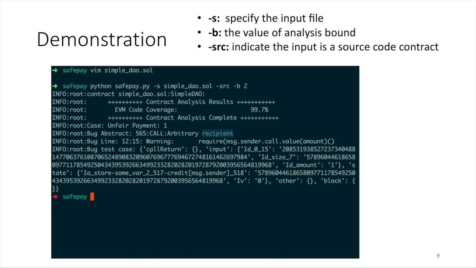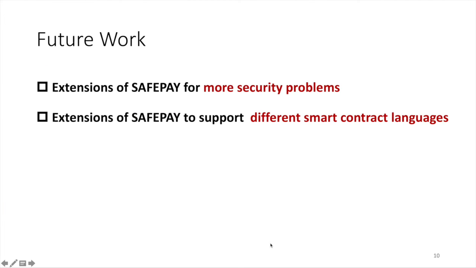Besides, SAFEPAY also provides a test case to trigger the bug, which helps to replay the transaction scenario. In the future, we plan to extend SAFEPAY to more security problems. We also plan to extend SAFEPAY to support other smart contract languages.